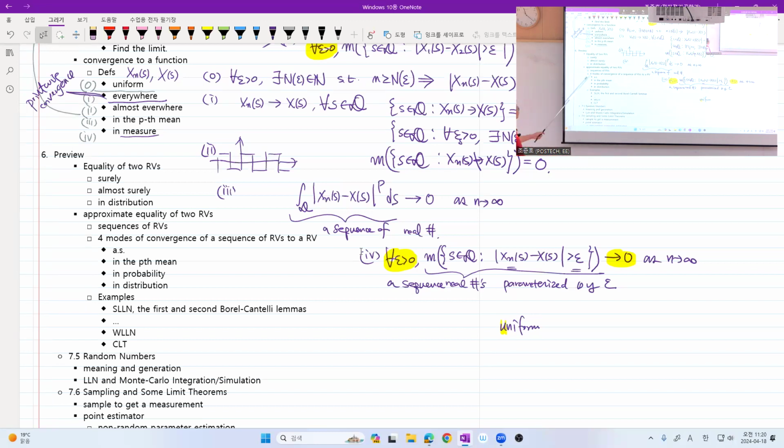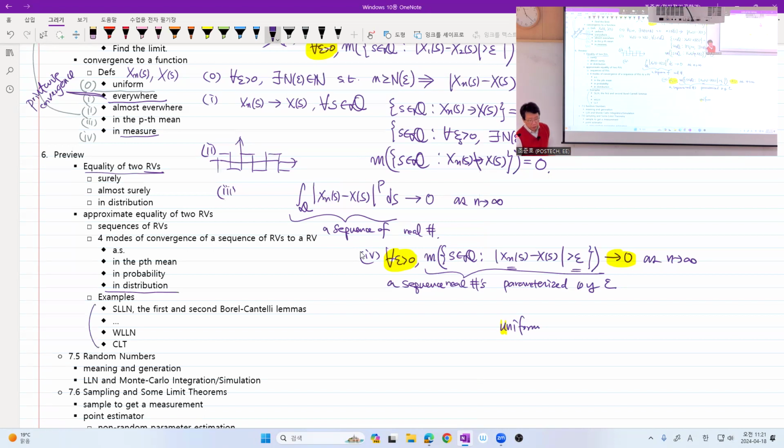Anyway, so we have an interesting new definition, and that is also, of course, related with the equality of two random variables. Anyway, we learn 4 modes of convergence, not only the convergence in distribution we studied in the last lectures. We studied almost sure convergence, convergence in the p-th mean, convergence in probability, convergence in distribution.